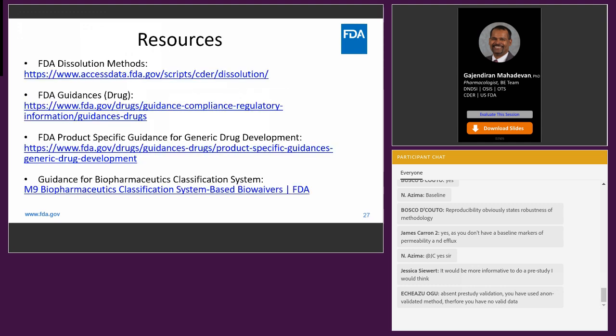This is my final slide showing the resources available for you to conduct in vitro studies. The first bullet shows the website where you can find the dissolution methods.